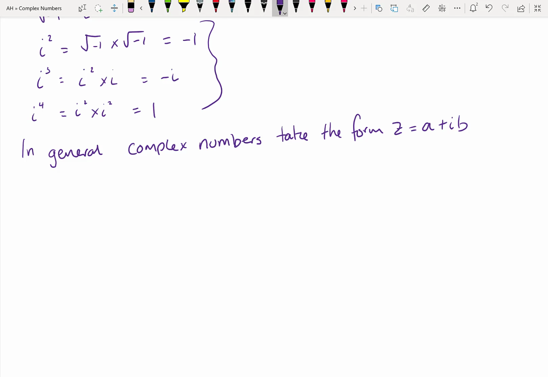Okay, and what we're looking at here is we've got a complex number and it's made up of 2 parts. We'll explore that in a little bit more detail in the next bit, but we've got this bit here, which is my real part, and I've got that bit there, which is my imaginary part.